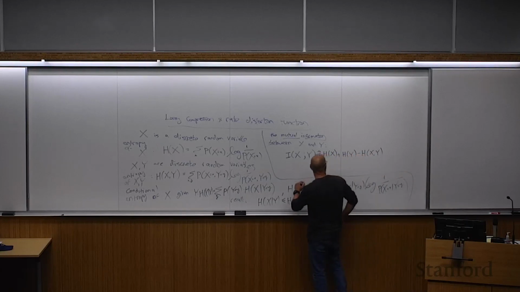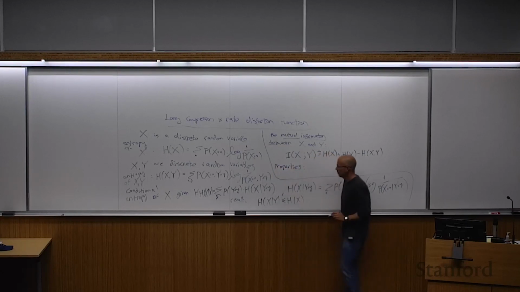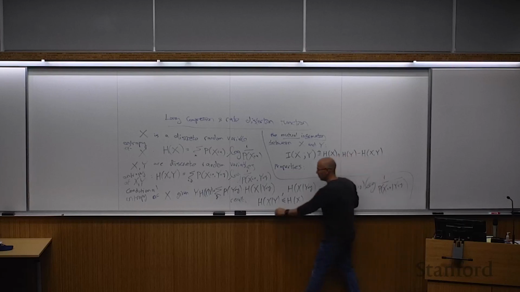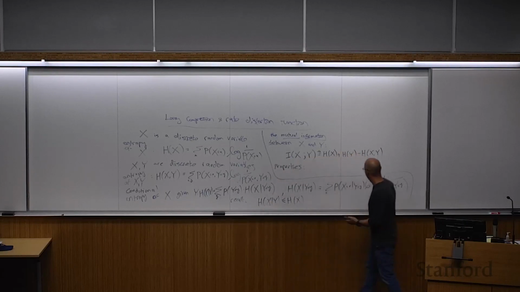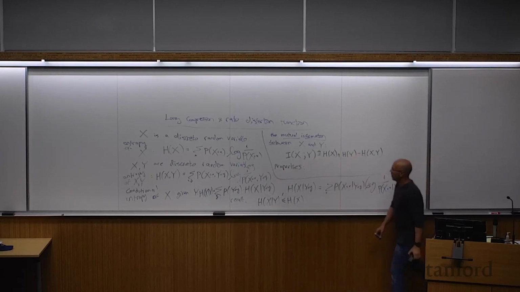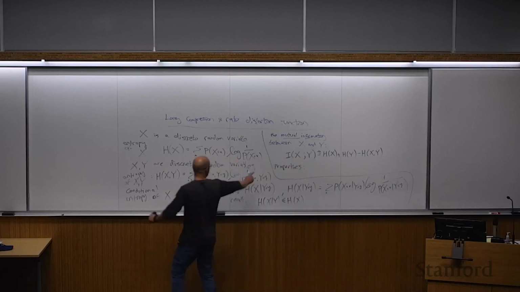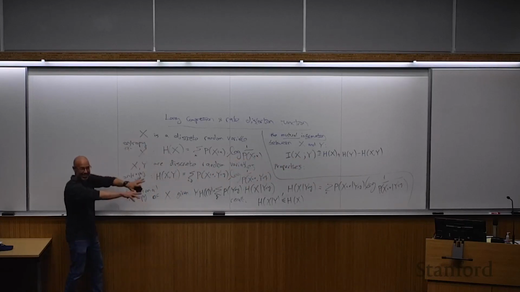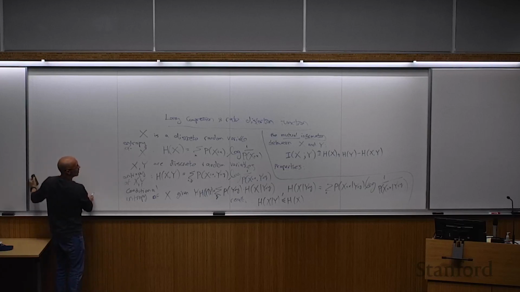So let's look at some properties. Now I'm going to totally annoy many of you. Now I'm going to continue here, so I'm going to delete this part. Oh, I could actually continue here.